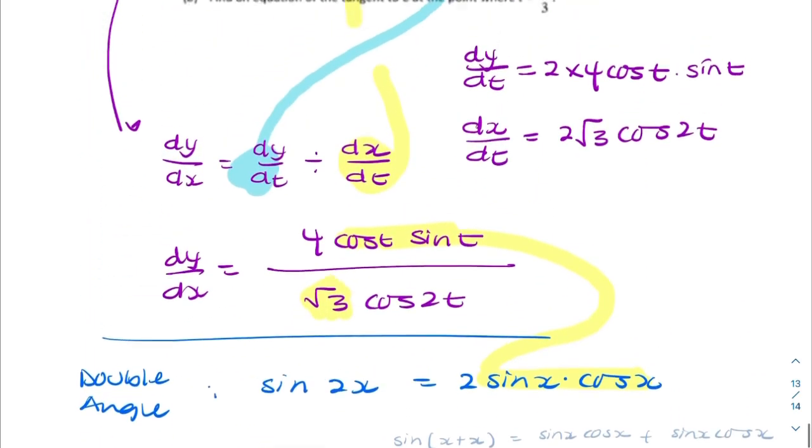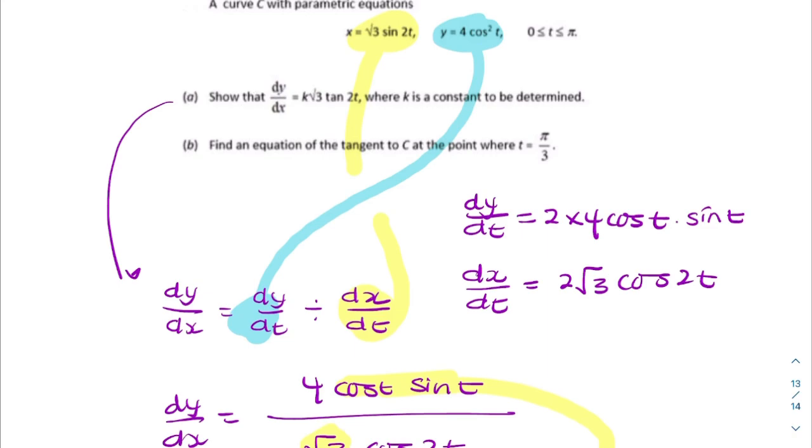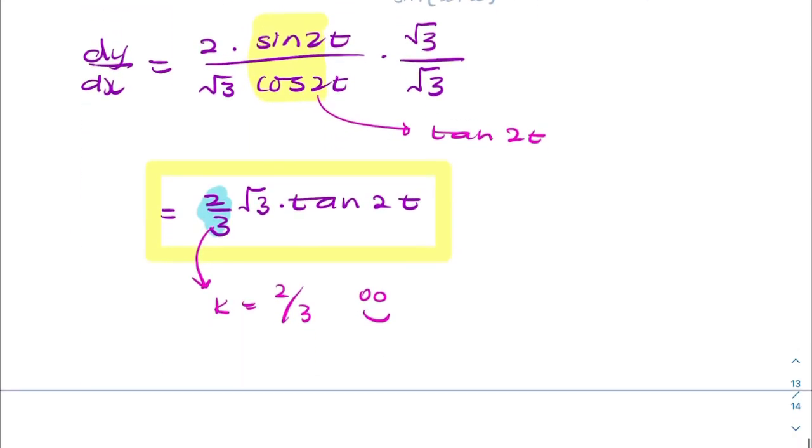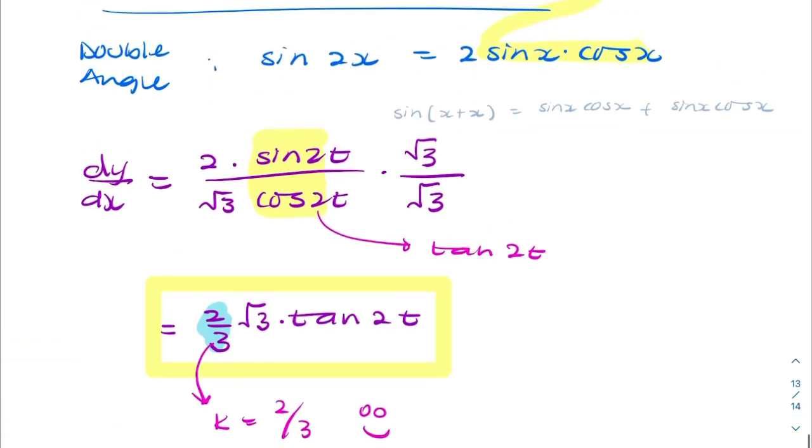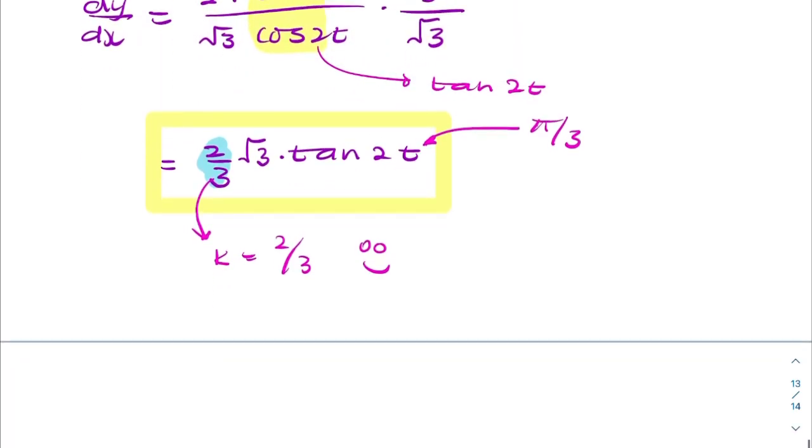The question then goes on to ask for the equation of a tangent at the point where t equals pi over 3. So that's not too bad because we can replace t with pi over 3. I don't have a calculator on me, but I think we can still do this.